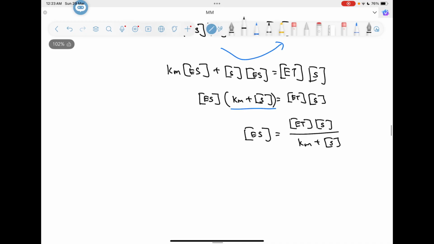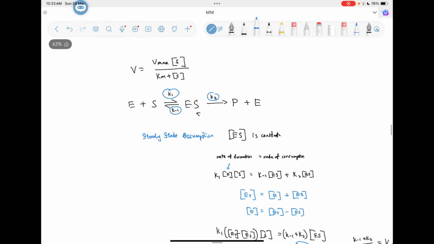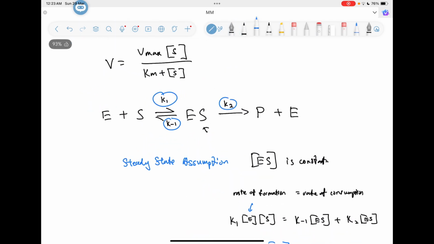Okay, right now we will have to introduce the idea of the rate of reaction and relate it to the equation that we have derived here. So now let's look back at our enzyme kinetic equation. What exactly is the rate of reaction here?